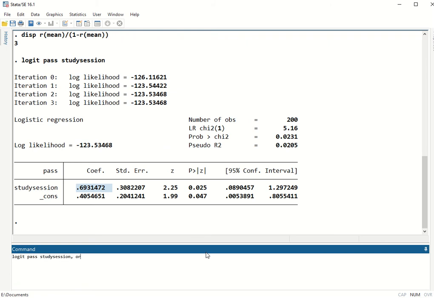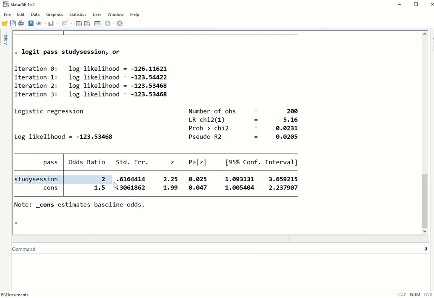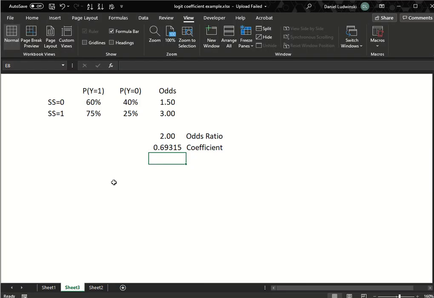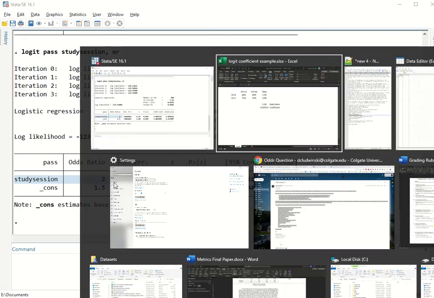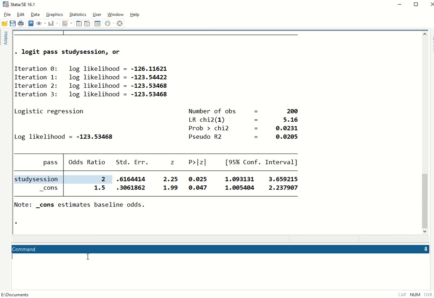If we ask for the odds ratio instead, we get the ratio of the odds with the study session and without the study session, of 2. If instead we do a linear regression, actually first let's look at the marginal effects.